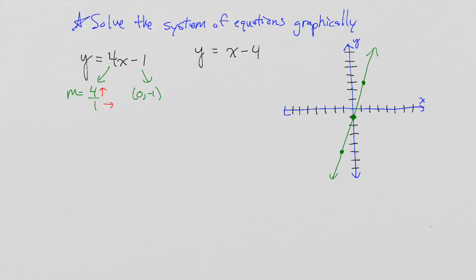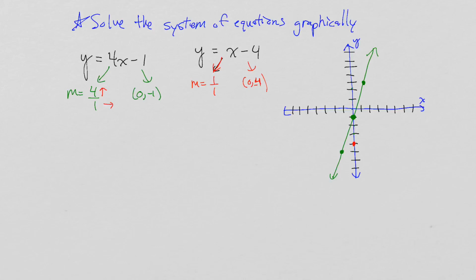So for the next line, we can do the same thing. We can take a look at this invisible 1 here. So the slope is going to be 1 over 1. And then we have 0, negative 4. So we're going to go ahead and plot negative 4.